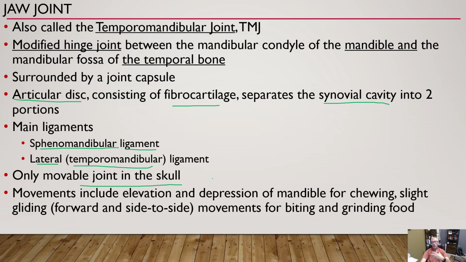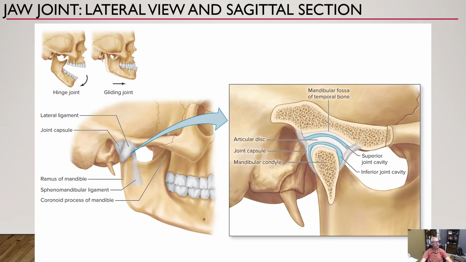Since it's our lower jawbone, our mandible, we can chew and move our jaw forward and side to side, and we use our mandible for biting and grinding food. Here's a picture of that. Remember, it can be a hinge joint, also a gliding joint. We have that lateral ligament, also called the temporomandibular ligament, and the sphenomandibular ligament.